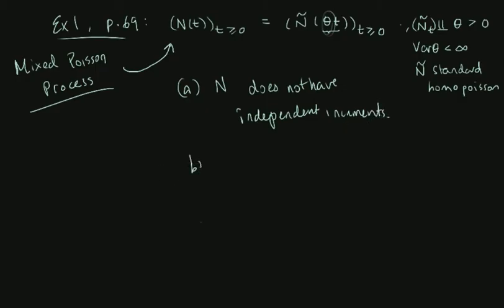The next thing we want to show in B, however, is that a mixed Poisson process has one thing in common with the traditional Poisson process, and that is that it satisfies the order statistics property.